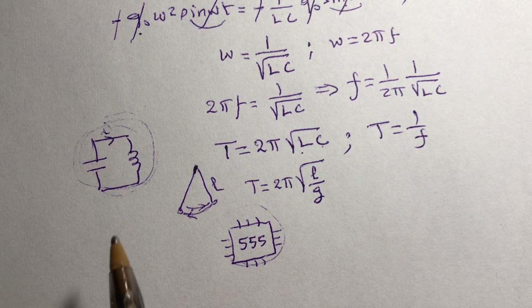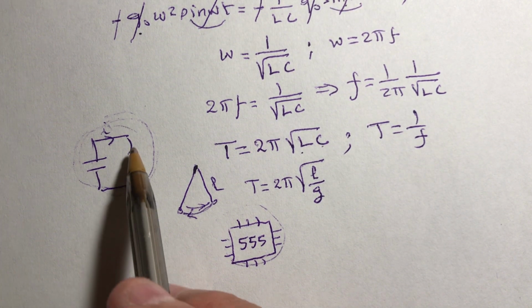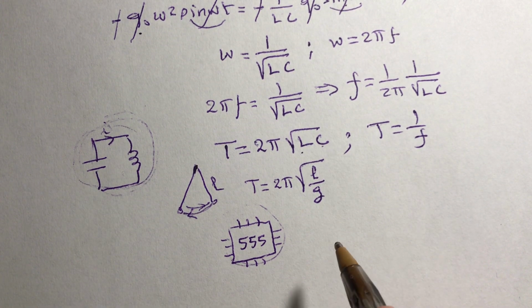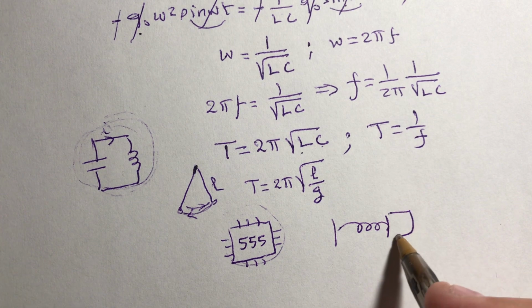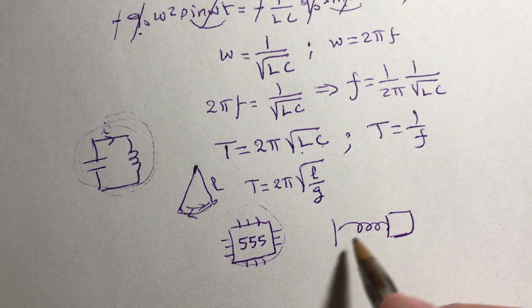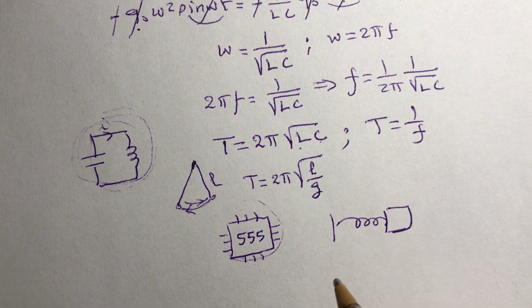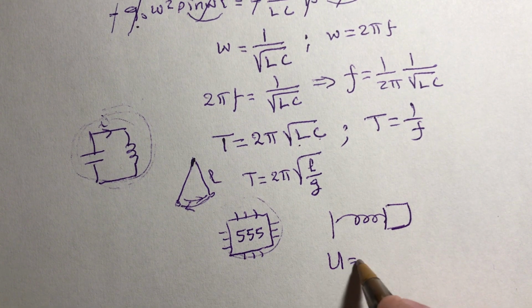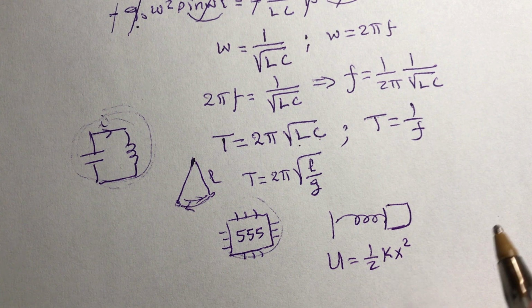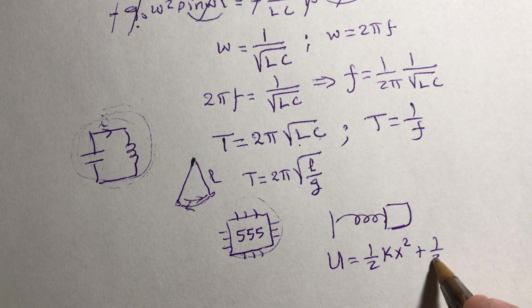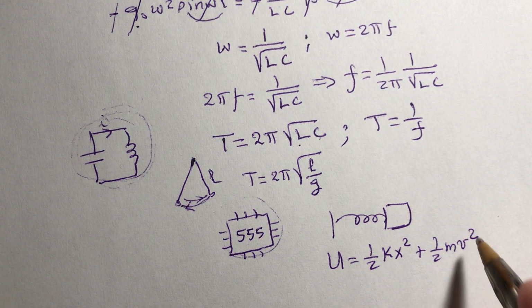Now, you see, I said that they share the energy. If you look at the spring, here, this is the mass, this is the spring. The energy in the spring is equal to the potential energy of the spring, which is half kx squared, and then you have the kinetic energy of the mass.